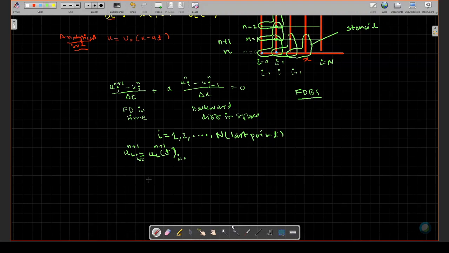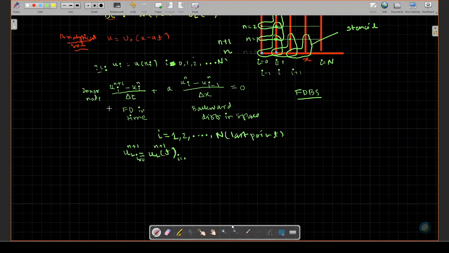And the initial condition is also there. So the initial condition is given at all i locations. Your initial condition was u at all x, u_i was given as u(x_i), for all i moving from 0, 1, 2 to N. And these are inner node points.